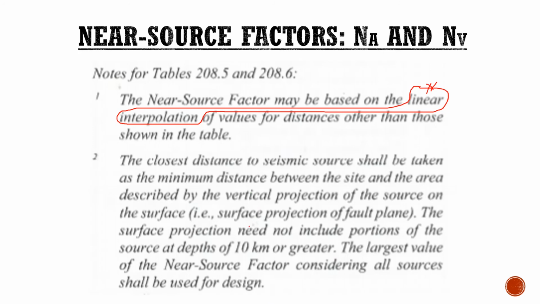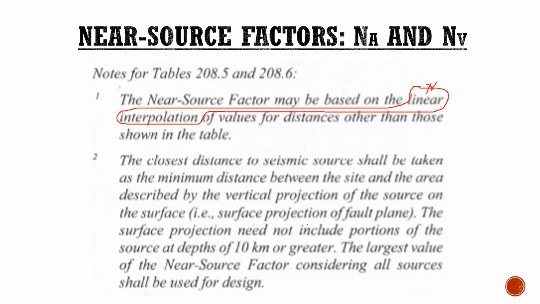If greater than 10 kilometers, no problem. For NV, if more than 15 kilometers, no problem, no interpolation. The closest distance to seismic source shall be taken as the minimum distance between the site and the area described by the vertical projection of the source on the surface.